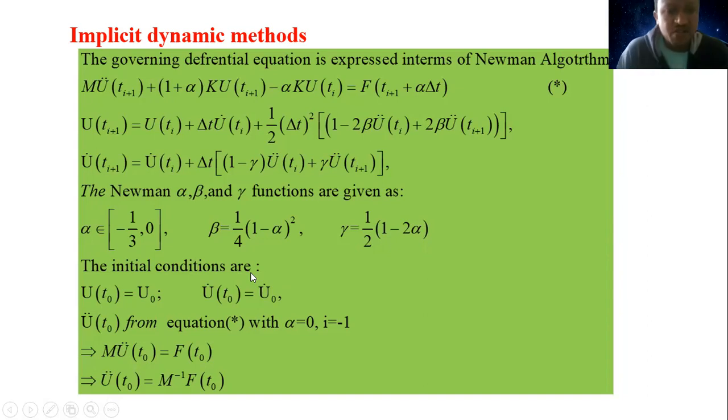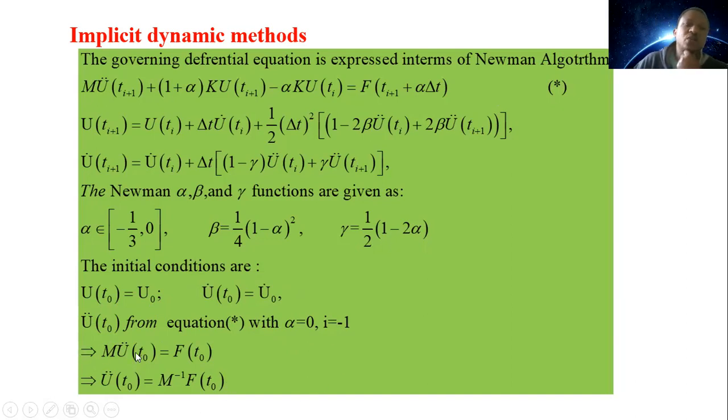And the initial conditions are specified as u of t naught is equal to u naught, u dot of t naught is equal to u dot naught, and u dot dot of t naught is obtained from the governing differential equation with alpha equal to 0 and i equal to minus 1.